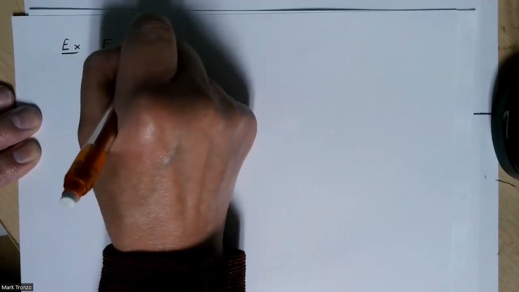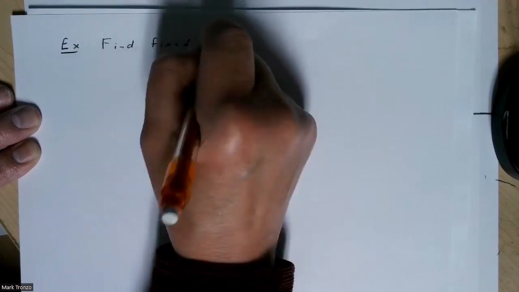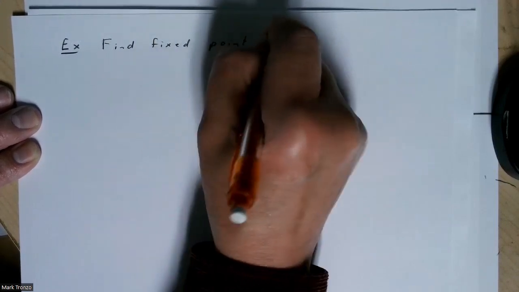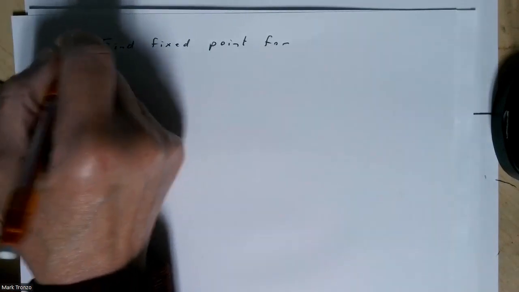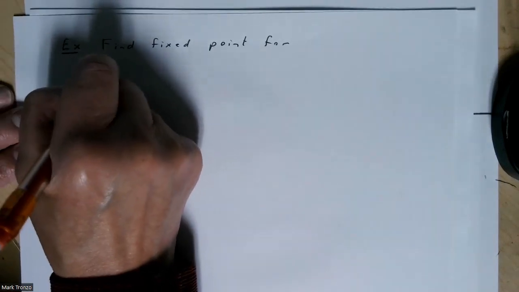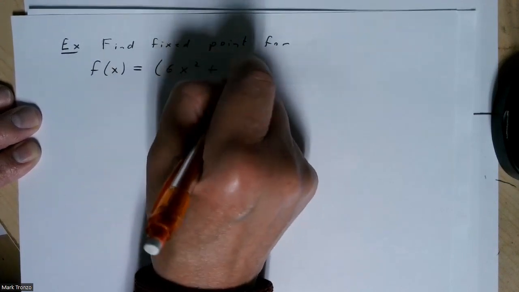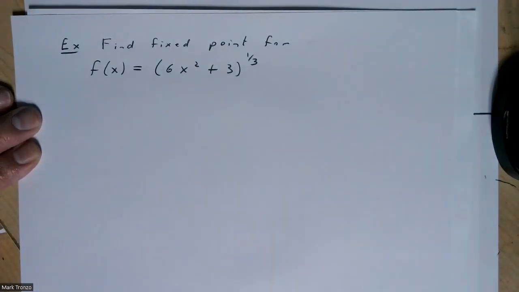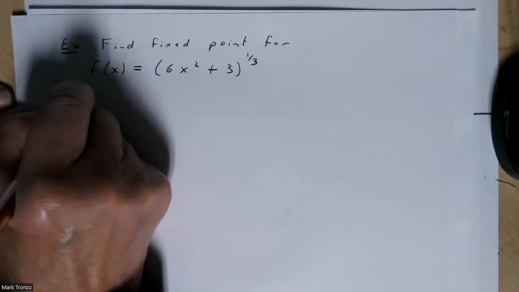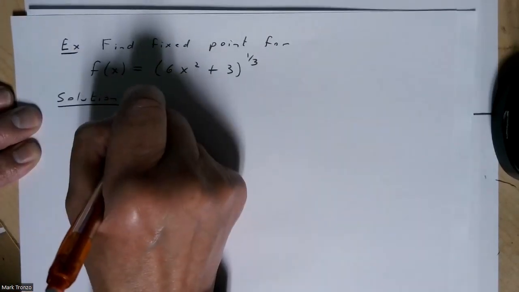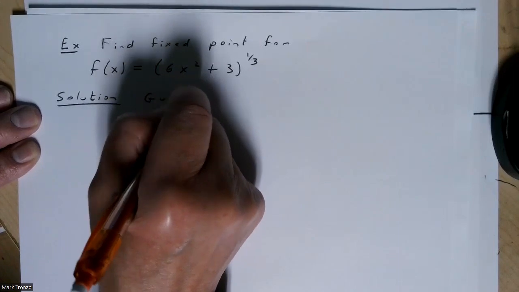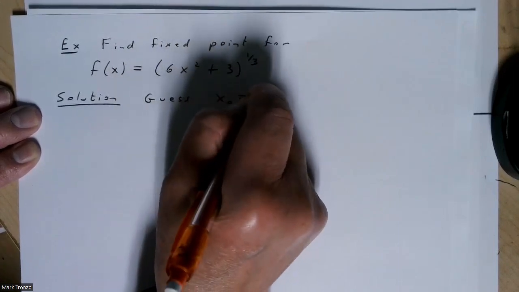Find a fixed point for f of x equals the cube root of 6x squared plus 3, like this. And so again, first of all, let's just guess. Maybe your x naught is equal to 2.